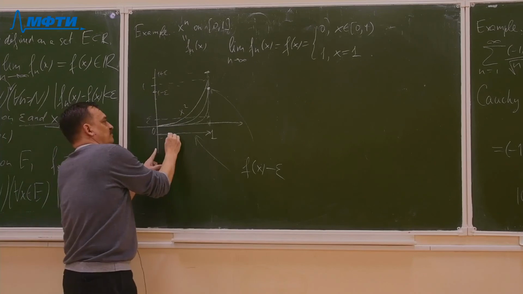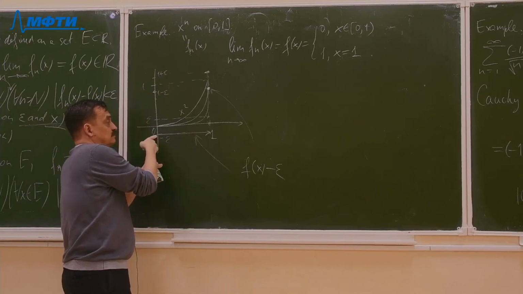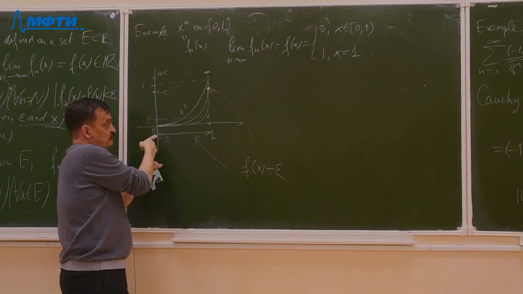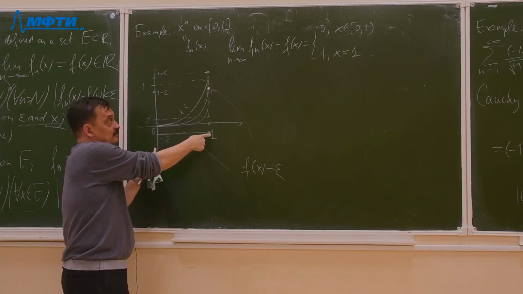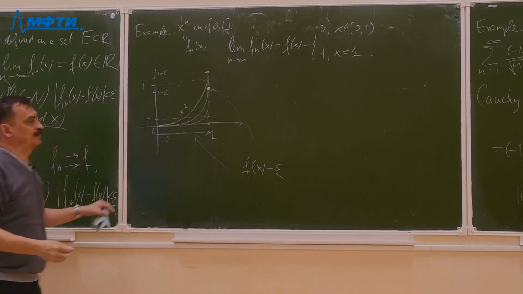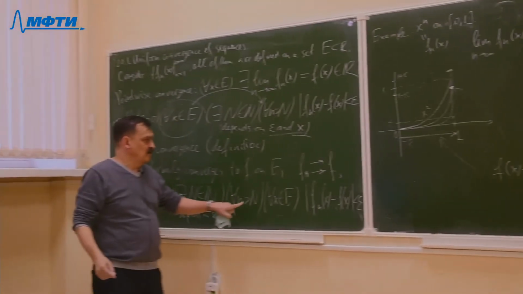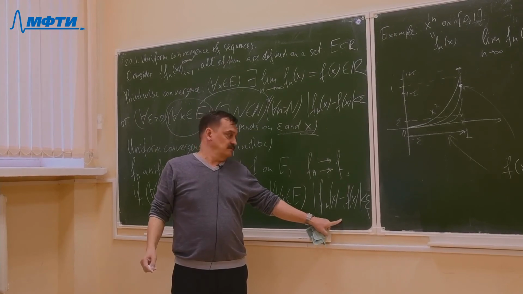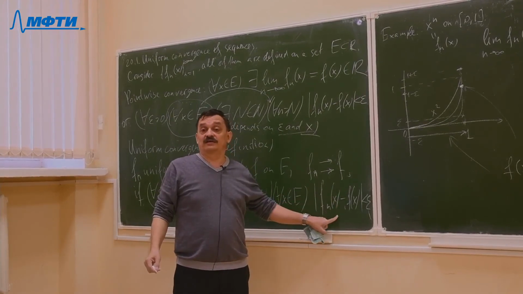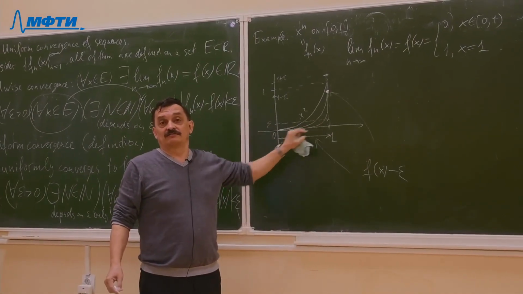Here we have a horizontal interval with y equal to minus epsilon from 0 to 1, excluding 1, and that point. So, we have uniform convergence if all graphs of fn of x lie in that strip for sufficiently large n.